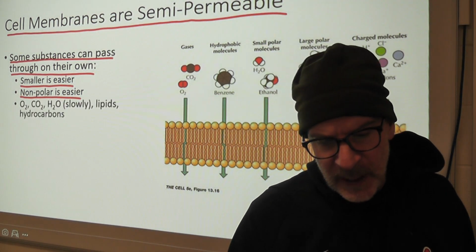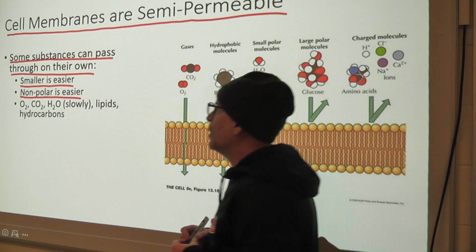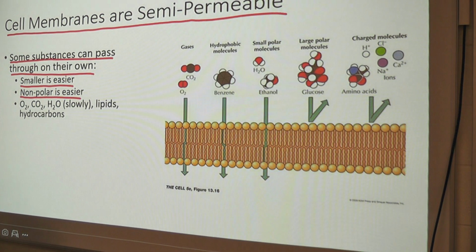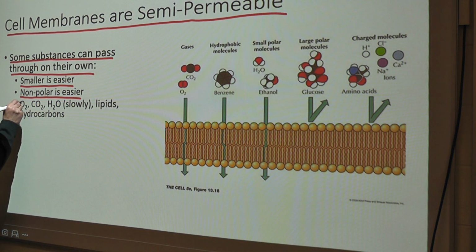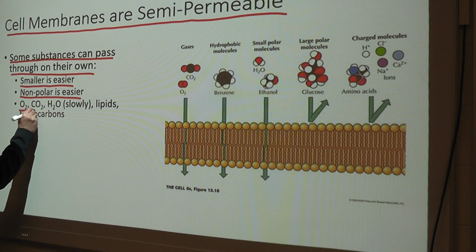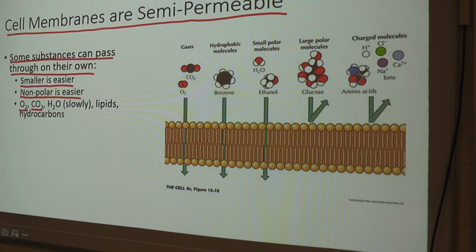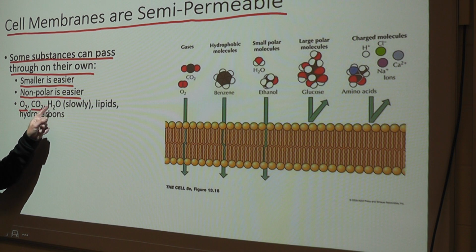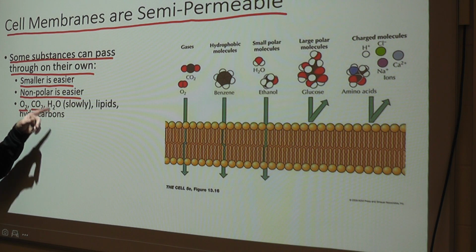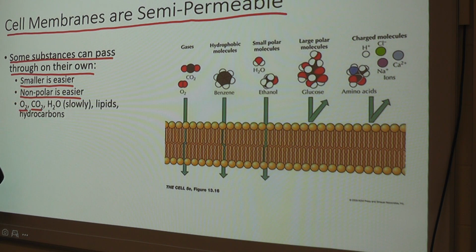Some examples of things that can move through a cell membrane: oxygen gas can move through a cell membrane pretty easily. Carbon dioxide can as well. The rest of these things you don't have to write down. It's not super important. The one thing that I want to point out is that while water is polar, it's also small.